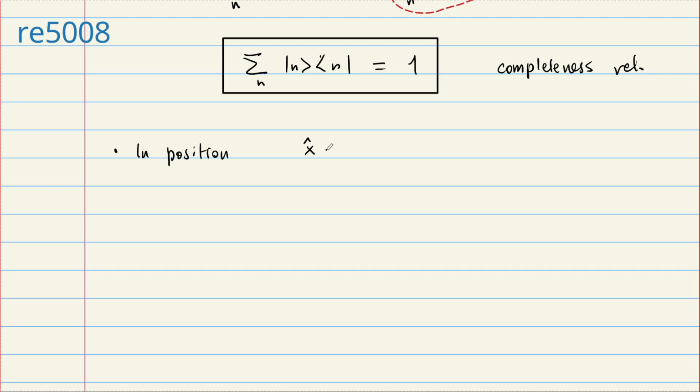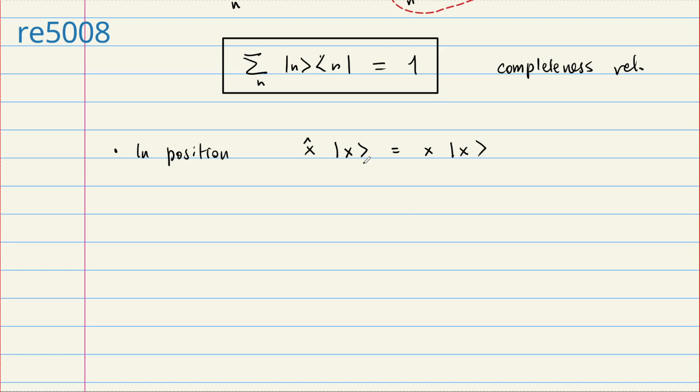If it's an observable, it's Hermitian, and Hermitian observables have a complete set. They have real eigenvalues, and their eigenstates are complete. For x, all of these things are valid, and we can label its eigenstate |x⟩ with the position x, giving the number x times |x⟩.